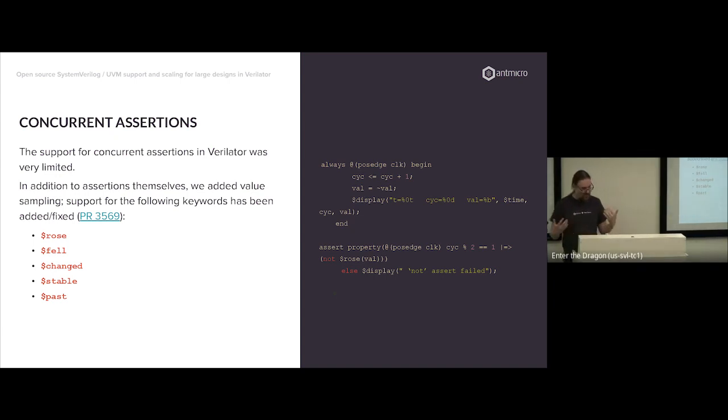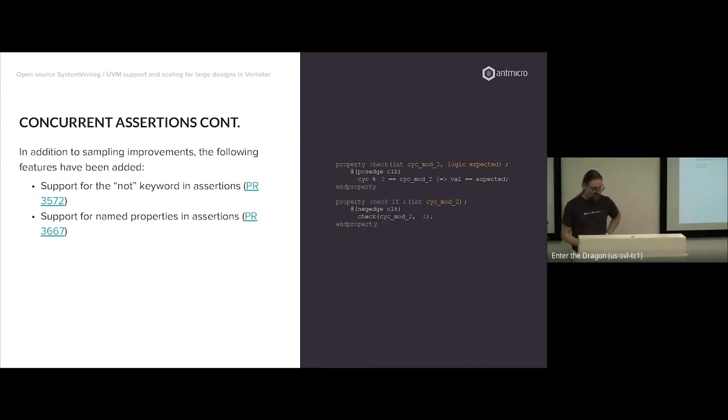As an example, we had to add value sampling, some keywords that just weren't there, and thanks to this, we're passing that part of our test suite without a problem. Concurrent assertions had many different aspects, and we also added some keywords like not, that's simple, but also named properties.